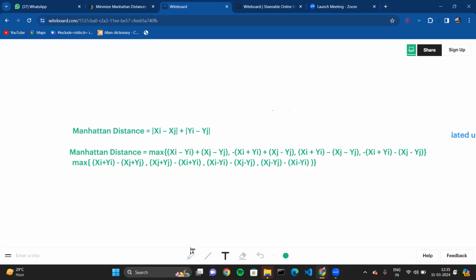Now I can see that there are two terms, xi plus yi and xj plus yj. Okay, so this is minus xi plus yi, this is minus xj plus yj. This also has xi minus yi and xj minus yj. So these terms are simply negative of each other.